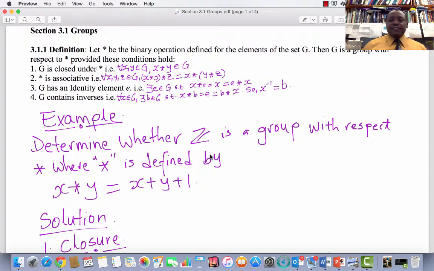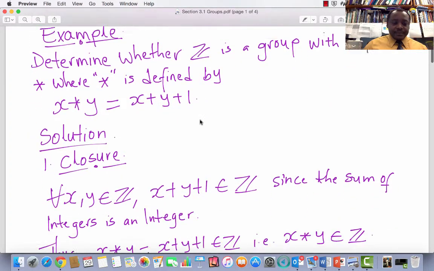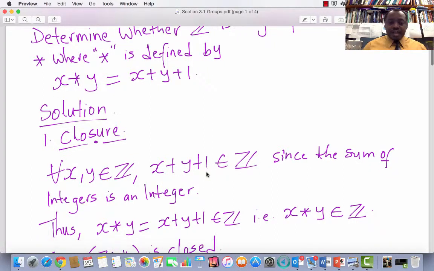We're going to go ahead and verify the four conditions stated above. Condition 1, closure. We have to verify that for every x, y in Z, x star y would be in Z. For every x, y in Z, x plus y plus 1 is also an integer because the sum of integers is an integer.